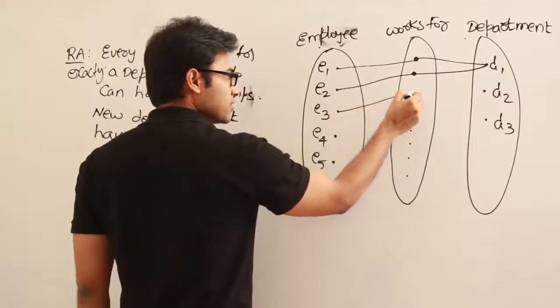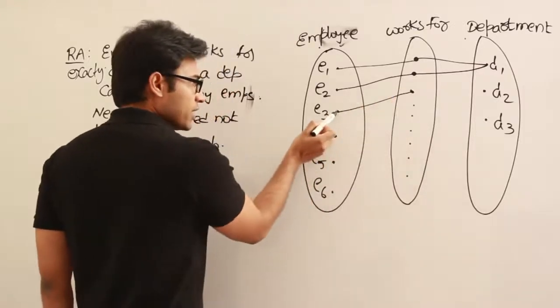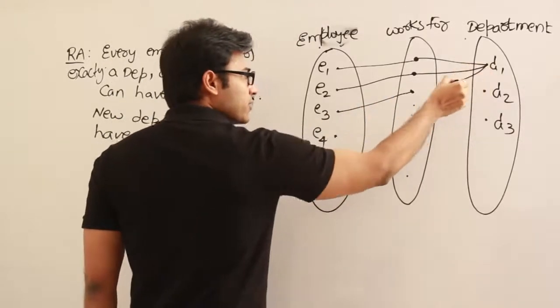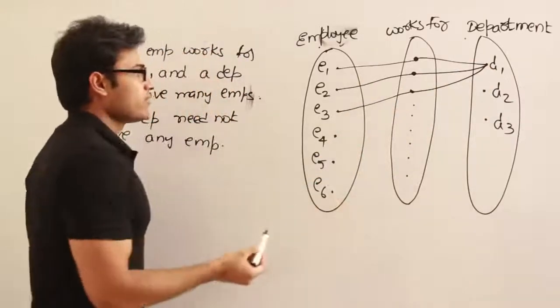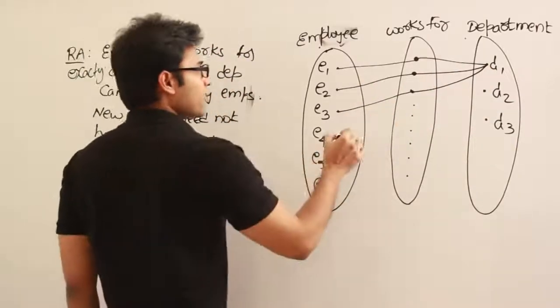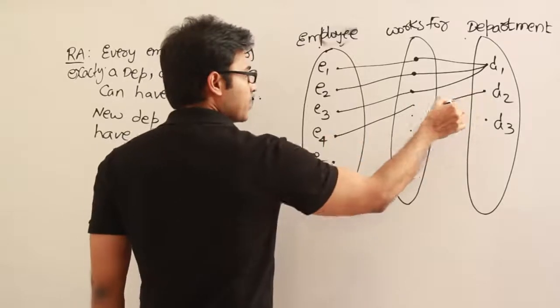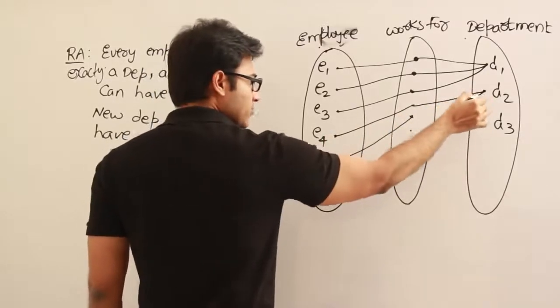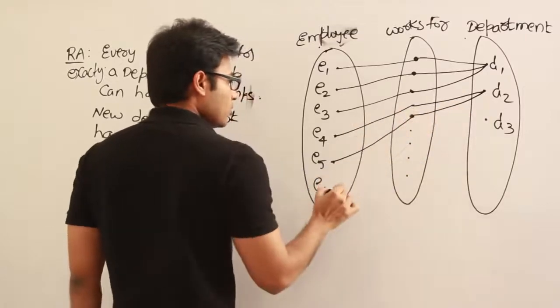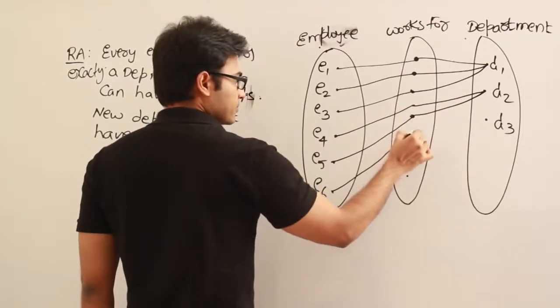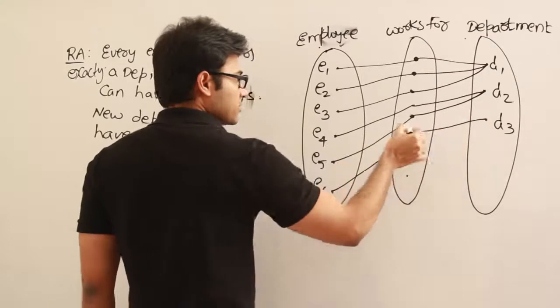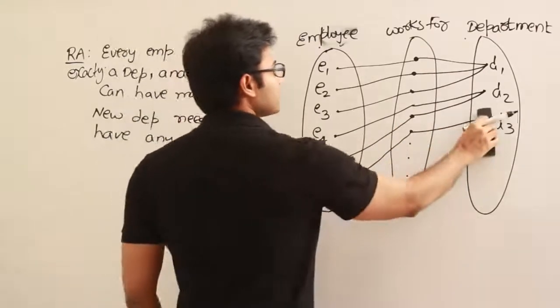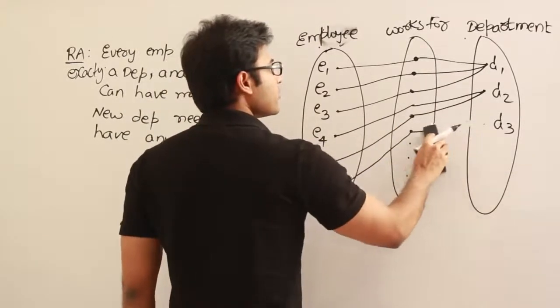Then one more relationship will be formed by taking one entity from here and one entity from here, right? In the same way, if these three are working for D2, then I am combining them, right? So every relationship is formed by taking two entities. Understood this? Let us say he is also working for D2 itself.